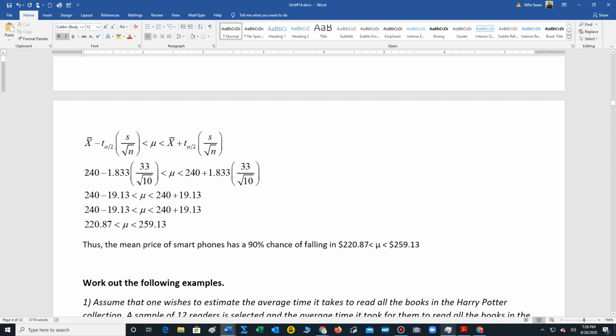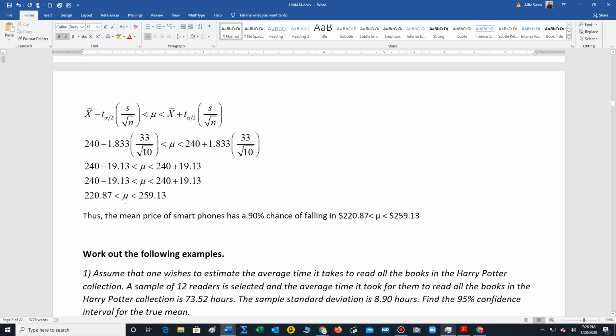So x bar is 240, t is 1.833, s is 33, n is 10. We perform our calculations, and then we can see that the true price of used cell phones is somewhere between 220.87 and 259.13. And that's how we do our calculation.